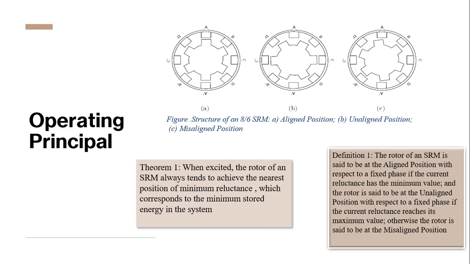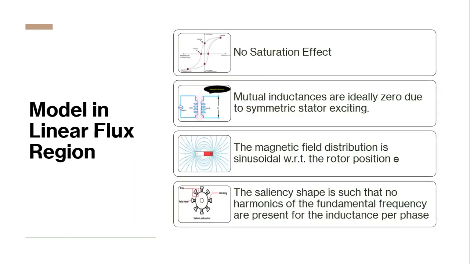And the third one is the misaligned position. So the pole of the rotor as well as the stator is not in only one direction, we call this a misaligned position.